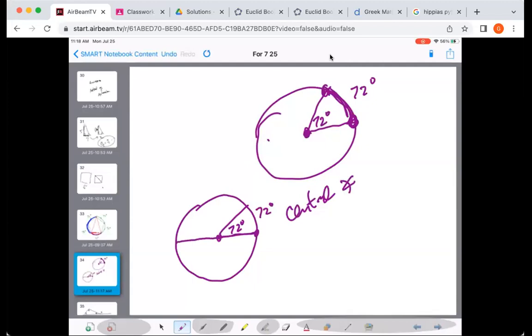And then I connect this to make an obtuse triangle. Now we have 108 minus 72 as the arc in front of the new angle. You could get this angle to be 108. And then what can you say about this angle here?